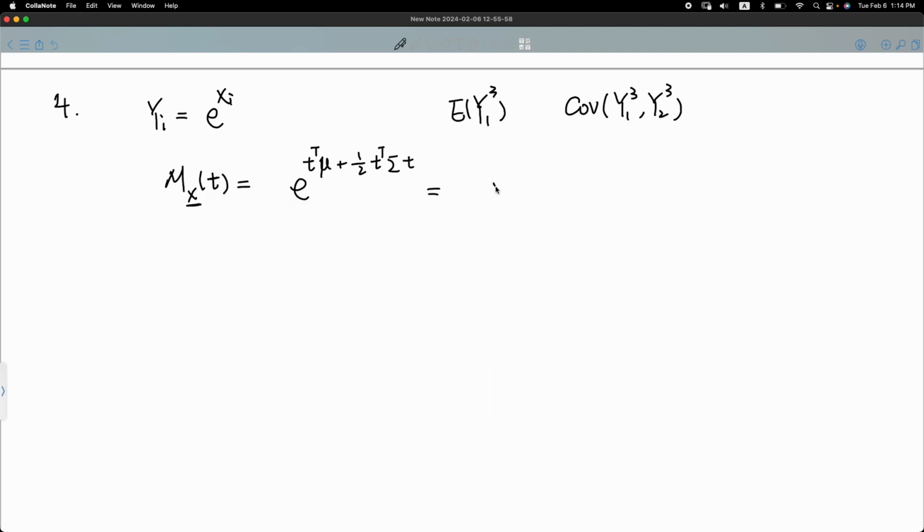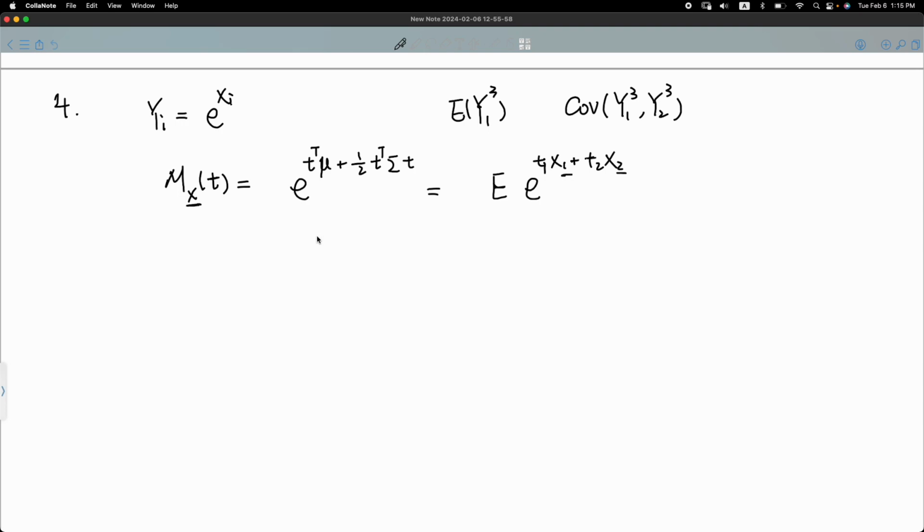This is also equal to the expectation e raised to the power of, here we're going to use the scalar version, t1 x1 plus t2 x2. So i is ranging from 1 to 2. This is referring to the coordinate, not how many observations that you have. Okay, yeah.